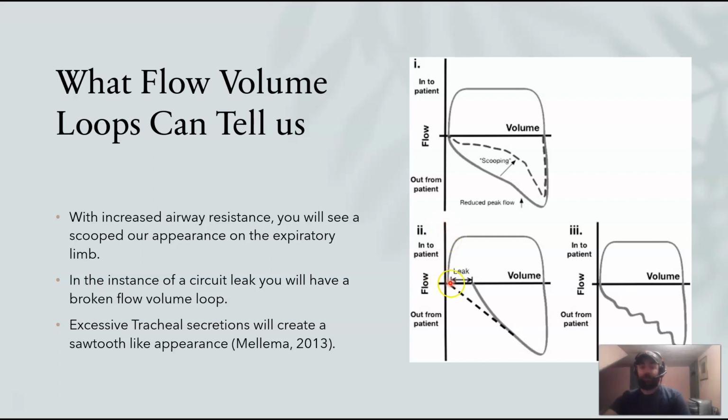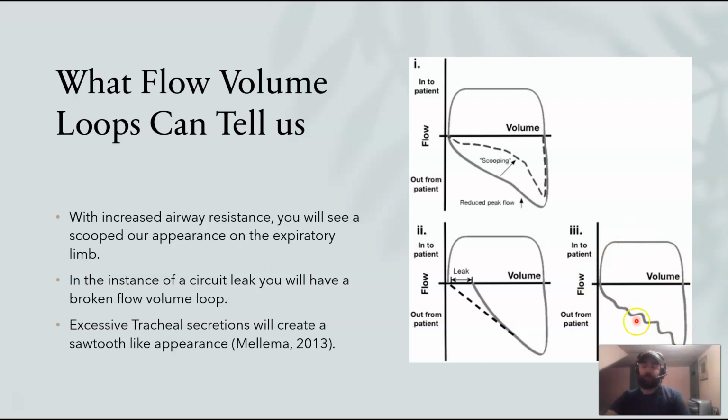An instance of circuit leak, which you could see on a pressure volume loop as well. The waveform, that loop is never going to fully return to normal, and you're going to see a break. So that indicates a circuit leak. And then lastly, an instance of airway secretion. You can see this with scalar waveforms as well.